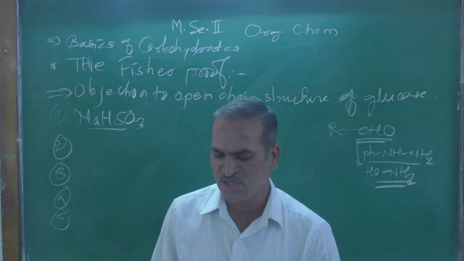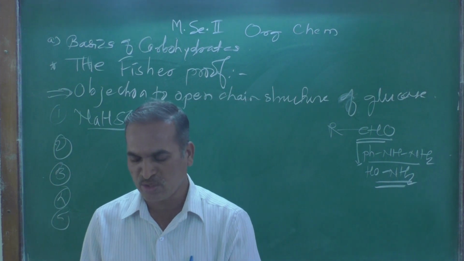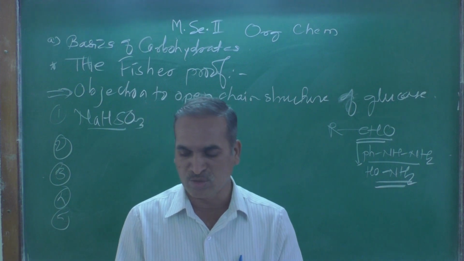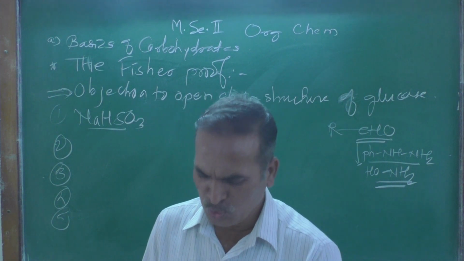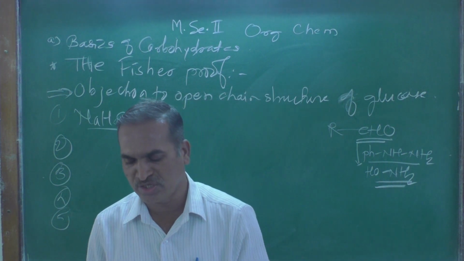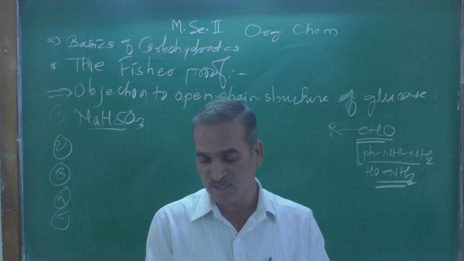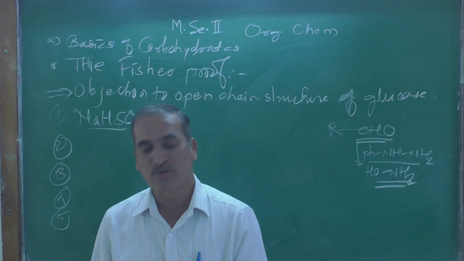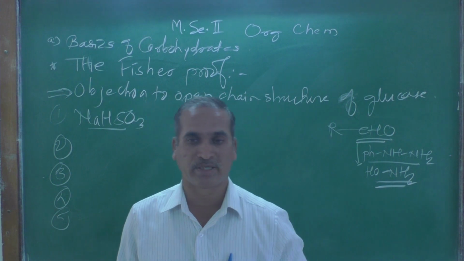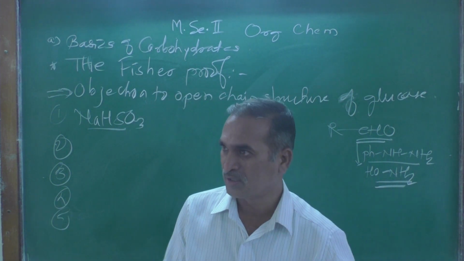The spontaneous change in specific rotation of an optically active solution without any change in other properties is known as mutarotation, and it is a physical property of that ring compound.